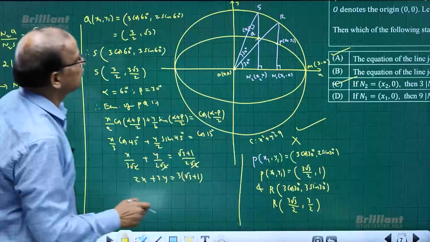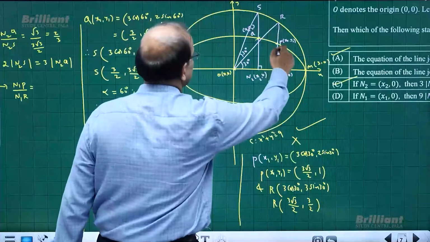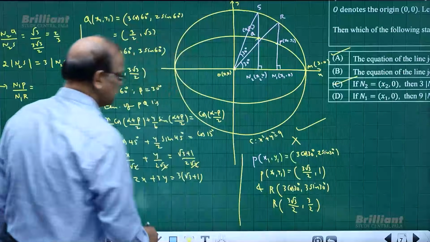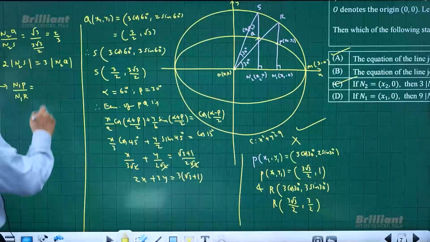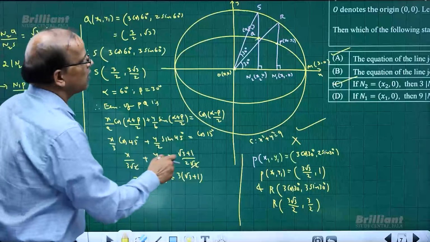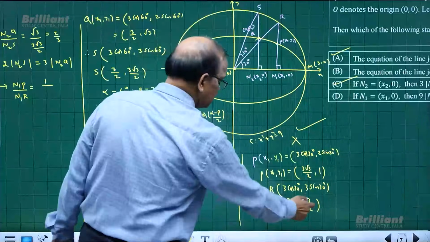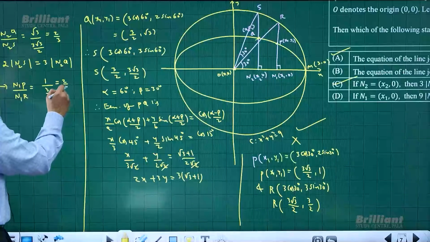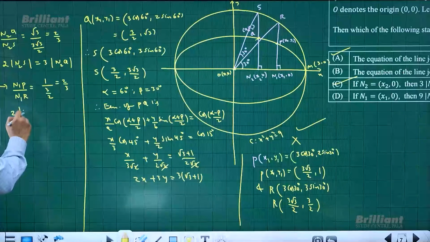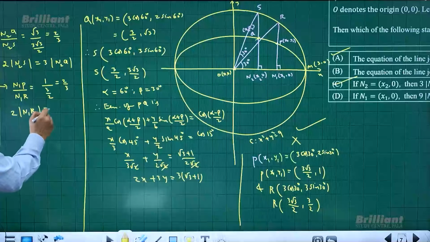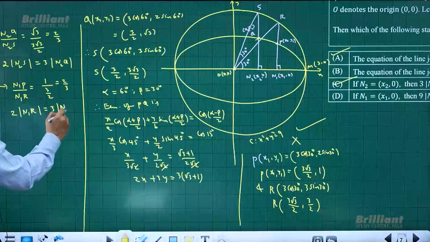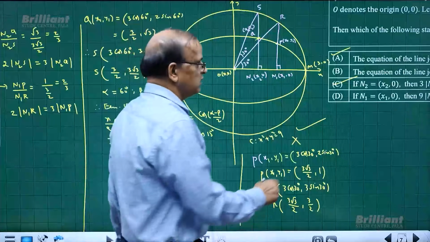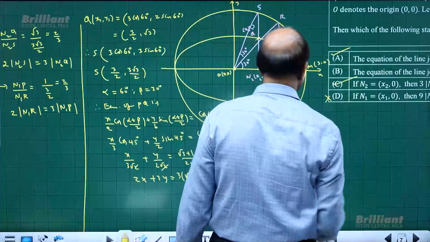N1P means the P y coordinate, which is 1, by N1R, the R y coordinate, 3 by 2. So, it is nothing but 2 by 3. So, 2 times N1R is equal to 3 times N1P. So, this is wrong because 9 is given. So, these two are correct.